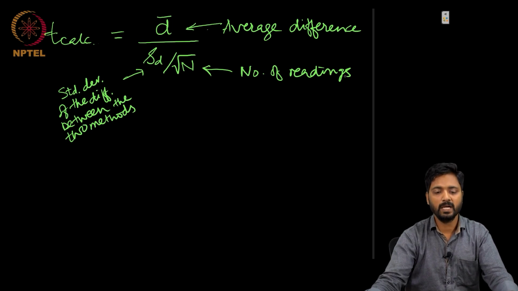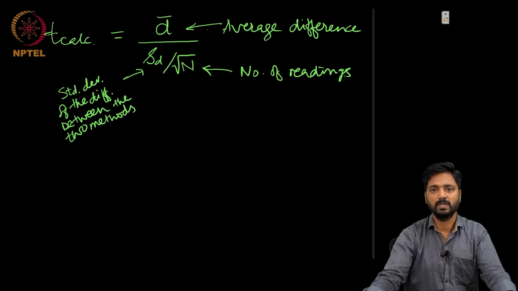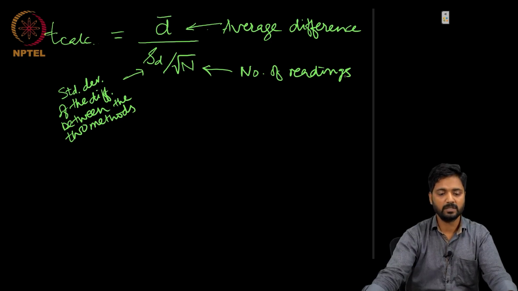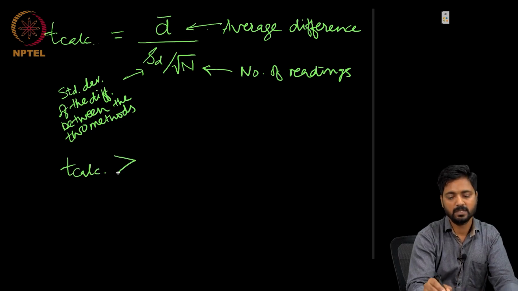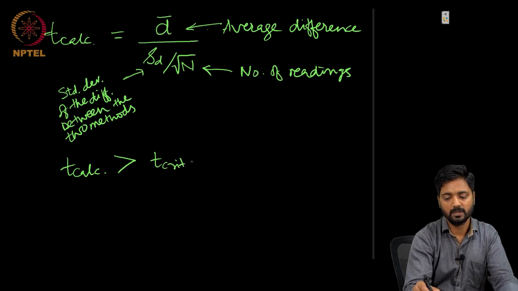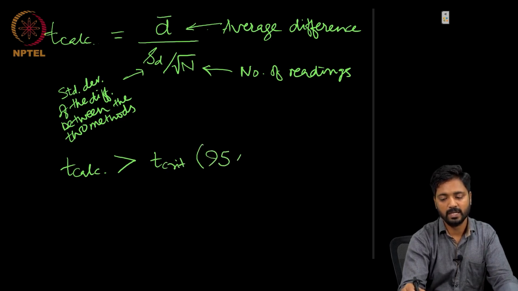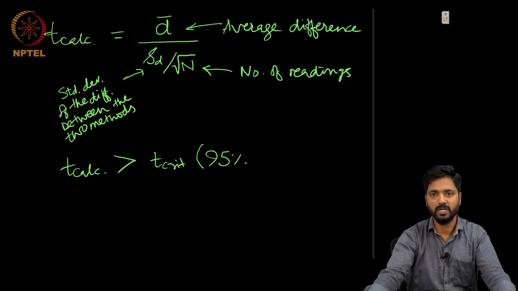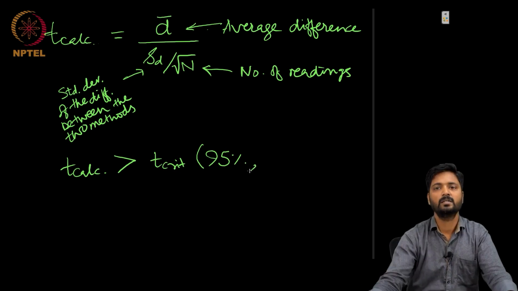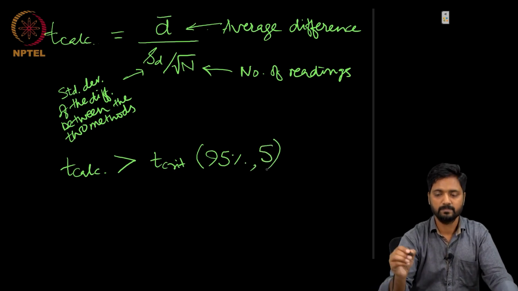So let us quickly apply this to estimate or predict whether the method 1 and method 2 in our example are generating different results or not. So they will be generating different results if our t calculated is greater than the t critical value at 95% confidence level, which is the confidence level at which we have to make the prediction, and 5 degrees of freedom.